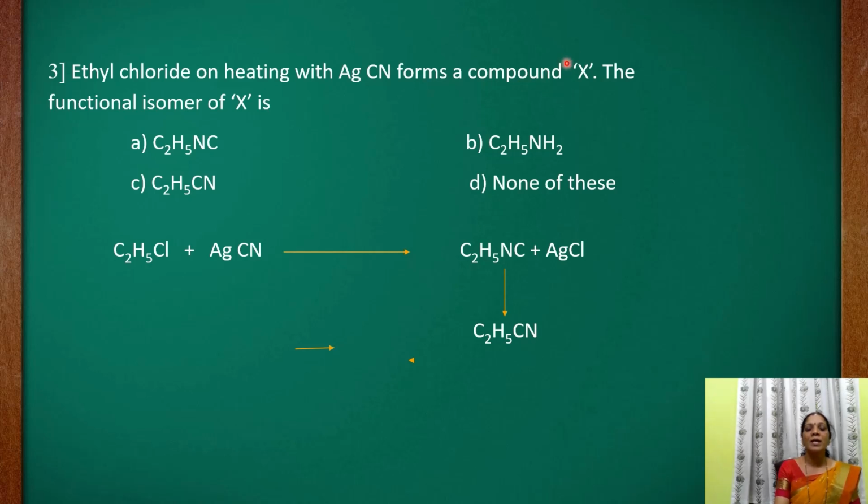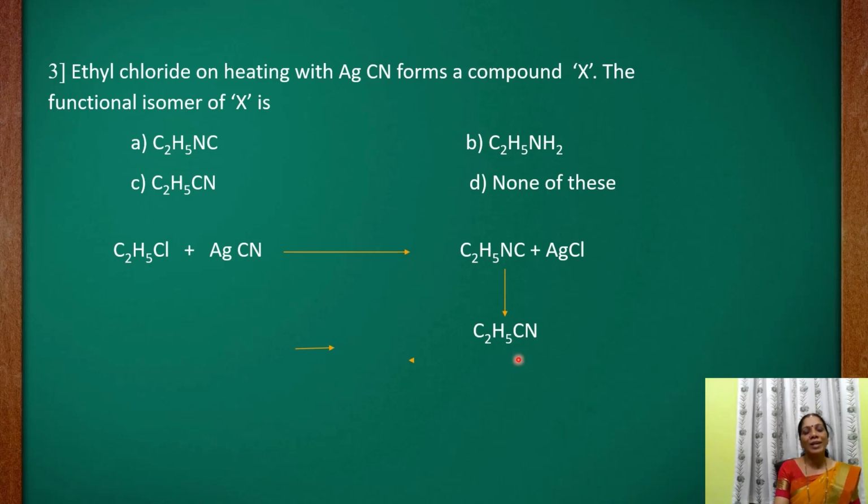The functional isomer of the product is a cyanide. They asked about the functional isomer of X. Answer is option C. Understood, students? The option C is the correct option here. Option C. Clear now? Because this is the product formed here, its functional isomer is option C. I hope this explanation will be clear for you.